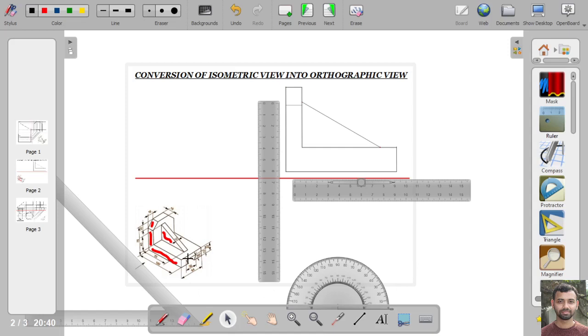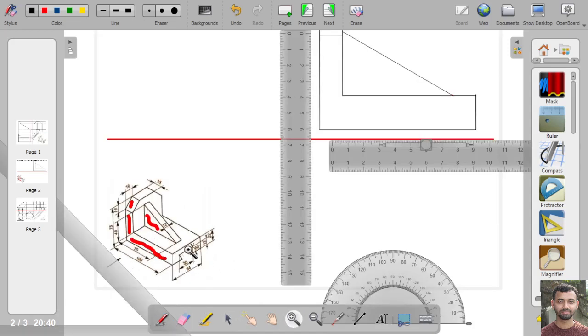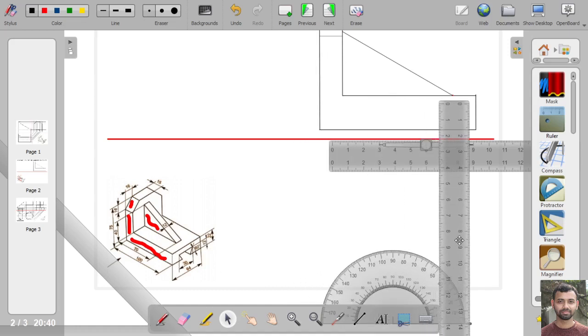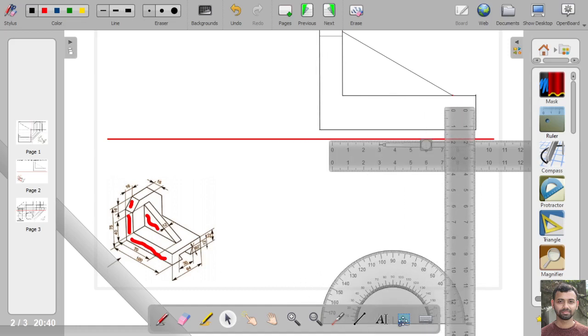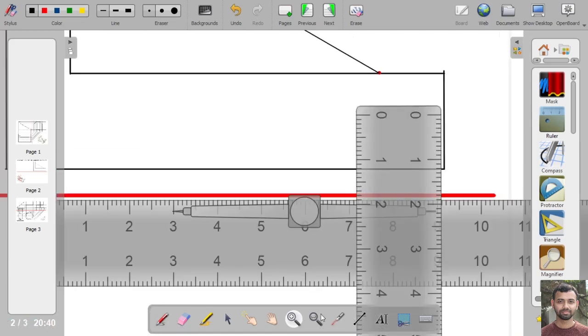This feature is at a height of 12 mm from this base. So we will measure 12 mm from the base.